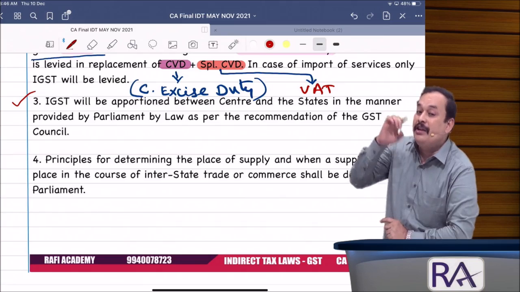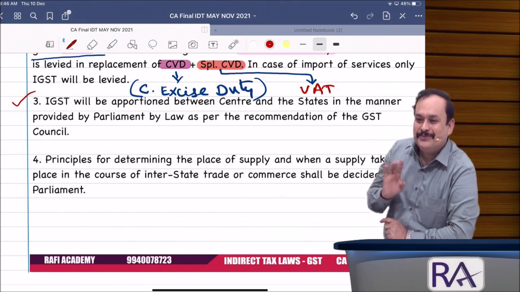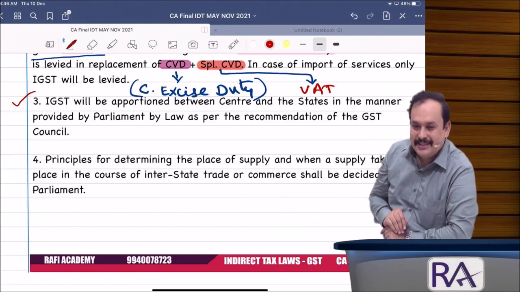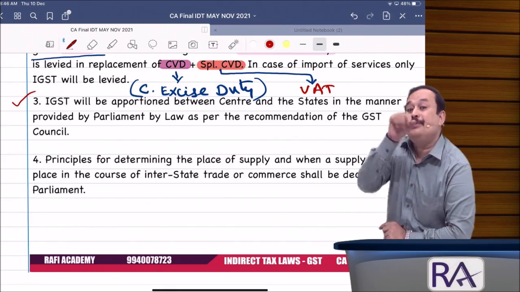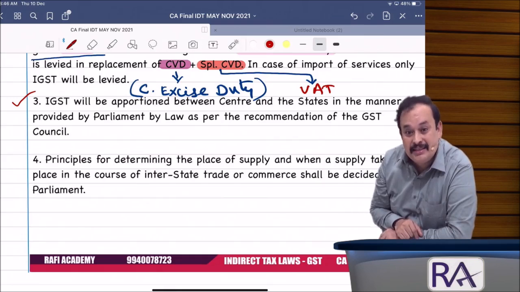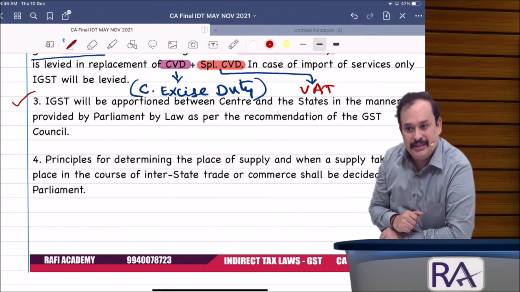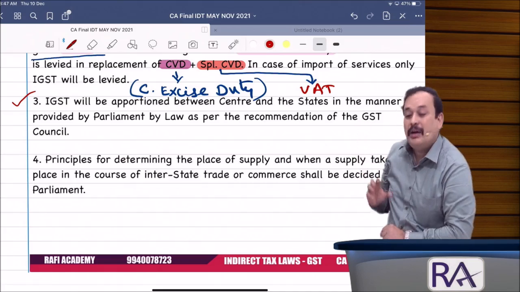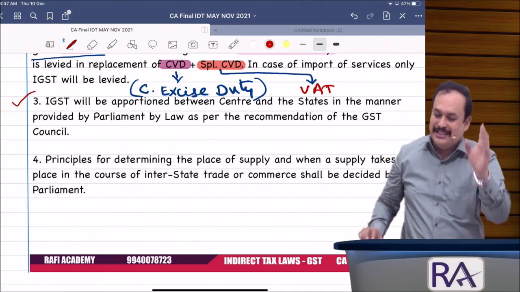It cannot be revenue of the government of India alone. How to understand this? We want to have an illustration on this. IGST, how can we apportion between central and state? What recommendation is given by the GST Council? This point I am highlighting now in front of you with an illustrative example as follows.